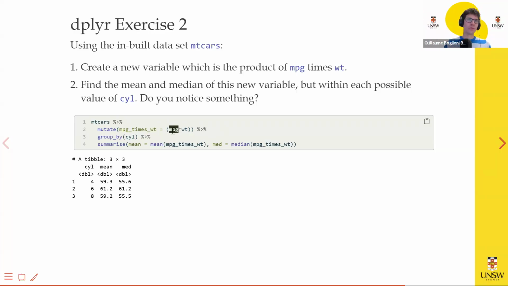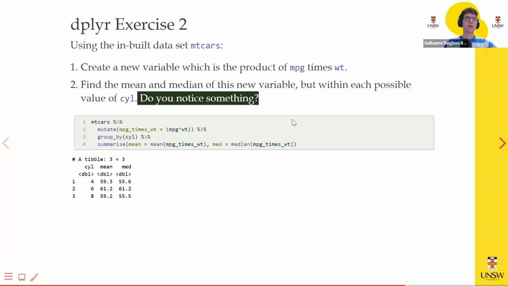So for the first row in the data set, the MPG is multiplied by the weight, and obviously this computes an operation for every row of the data set. But I'm pretty sure you figured this out already. And then group by, so I'm grouping by cylinder because again I want some statistics about all the observations that correspond to a given cylinder. So I found the mean and the median.